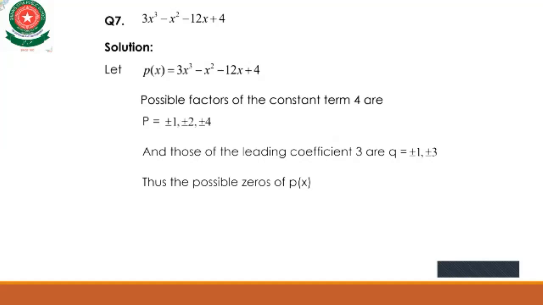The factors of 3 are plus minus 1 and plus minus 3. Thus the possible zeros of P of x are plus minus 1 by 3, plus minus 2 by 3 and plus minus 4 by 3. Okay, those are all the possible zeros of P of x.